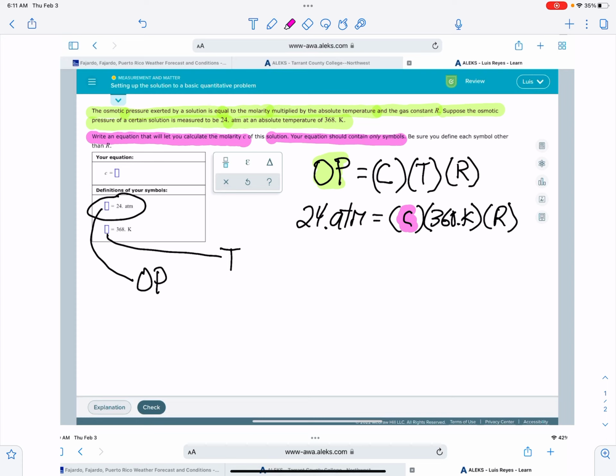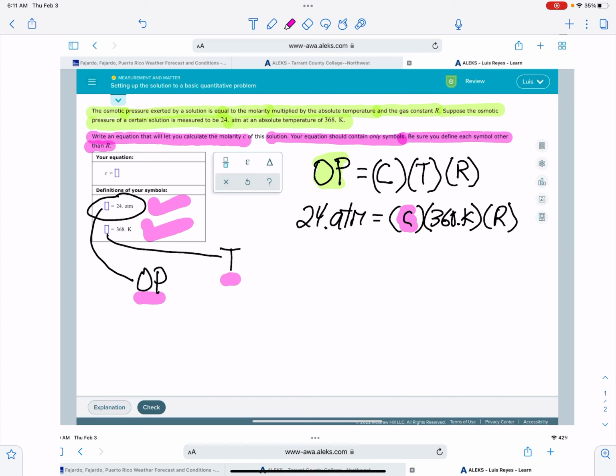So that's what we have: C, R, and the value that was given to us. Be sure you define a symbol other than R. So we did that. We defined the symbols: 24 is OP and 368 is T.